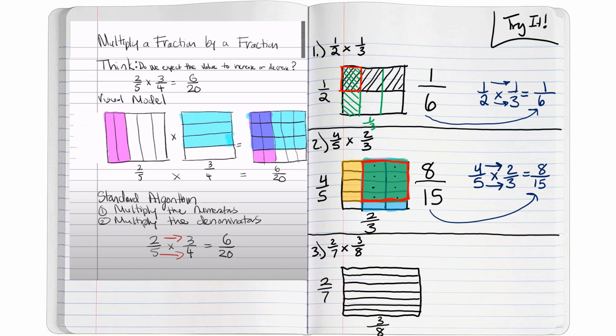All right, and now I want to show 2 of those 7ths. So I'm going to color in 2 of them with my lines. There's 2/7. All right, and now I'm ready to go the other way. I want to show 3/8. So I need to cut it into eighths.